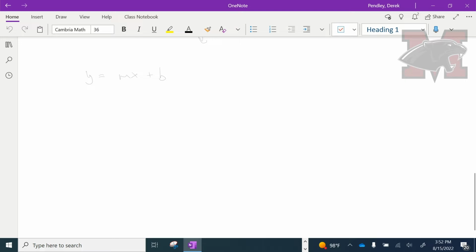All right, so let's start making some connections here. Let's go back to the slope-intercept form, y equals mx plus b. And I want to identify the slope. Well, if I have something that starts in this form, and I end up with something where y equals some number, I'll leave it as b.